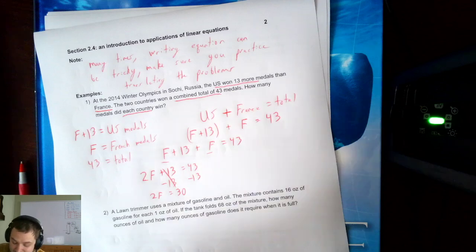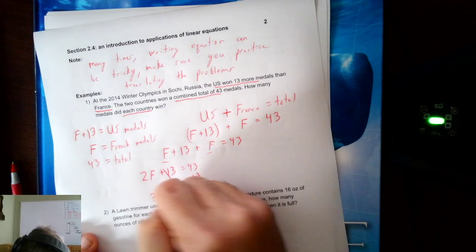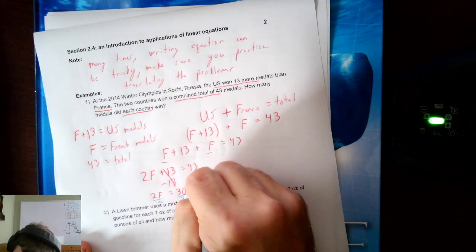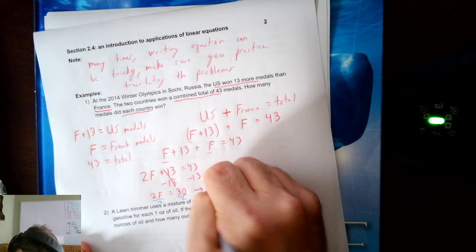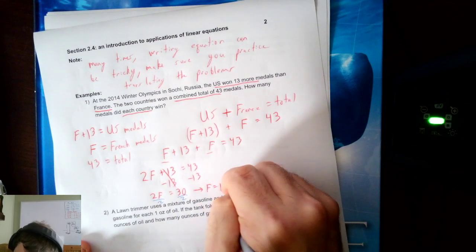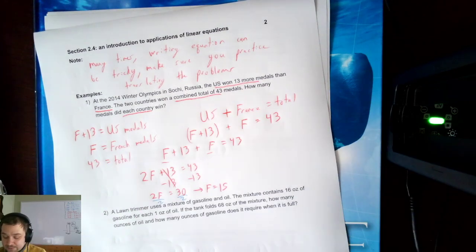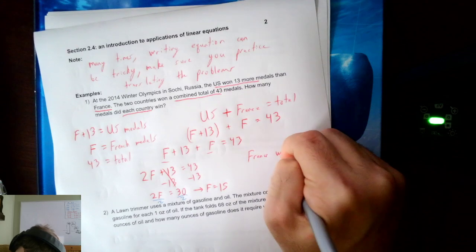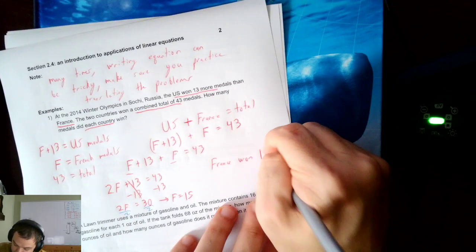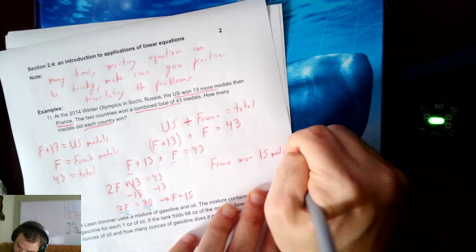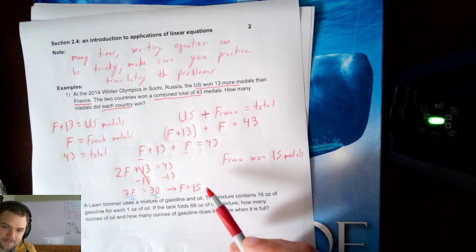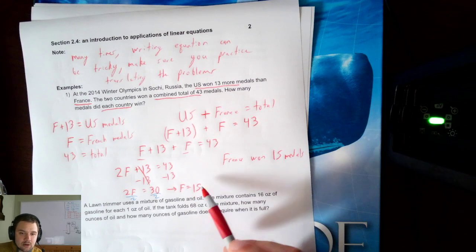Now, to get rid of that 2 in front of the F, I divide by 2, and I divide by 2, right? Which tells me F is equal to 30 divided by 2 is 15. So France won 15 medals. Because F is 15, right? That's what the F tells me. Right? I've solved my equation.